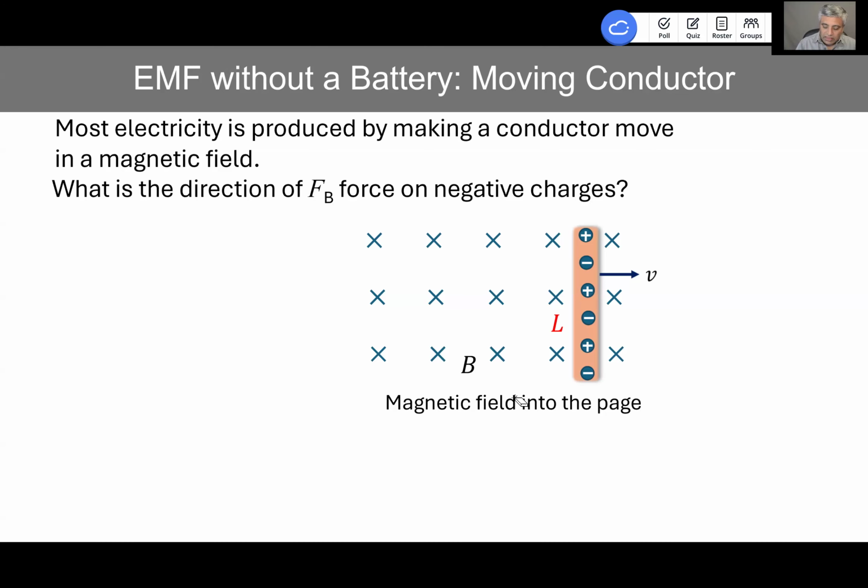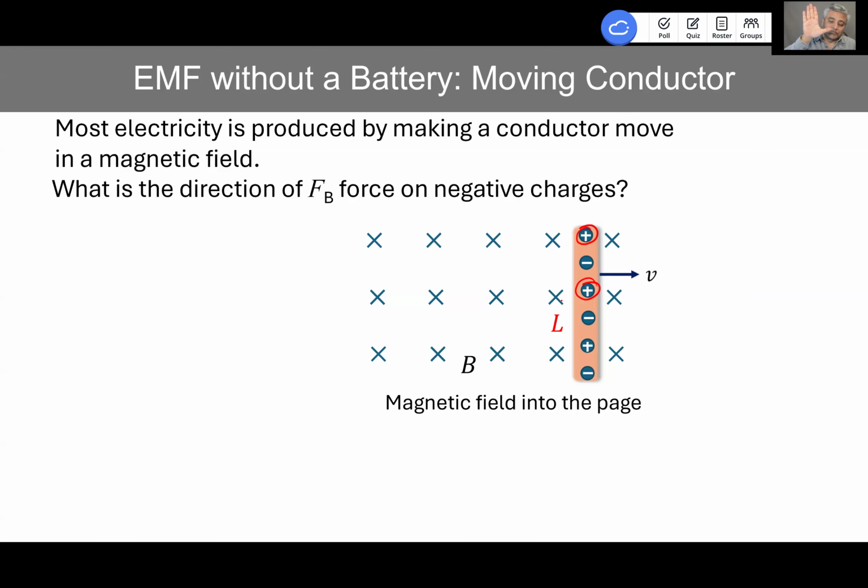So let's think about what direction the positive charges would experience the force. If we calculate the direction of force on the positive charge, on the negative charge it's going to be exactly opposite, right? So free up your right hand and spread your fingers and the thumb.